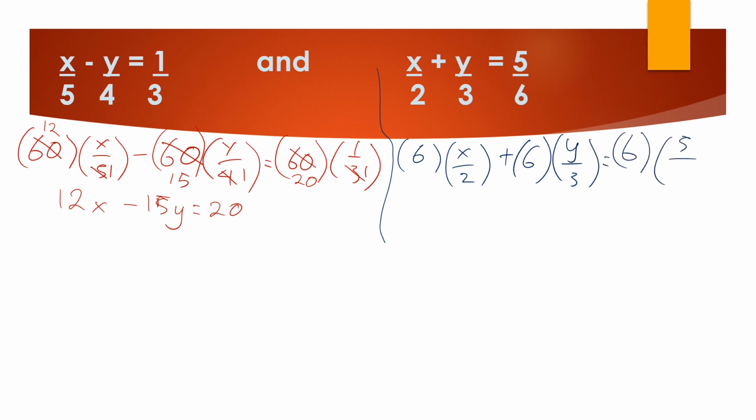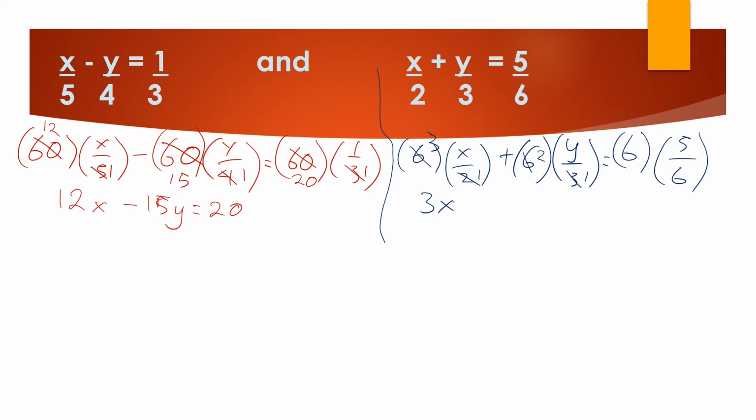I hope you can see that it is the same as with fractions. Numerator and denominator, yes, you can do the cancellation. Divided by 2, 1. Divided by 2, 3. 3 times x, 3x. 6 with 3, divided by 3, 1.